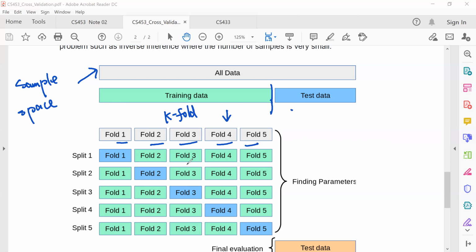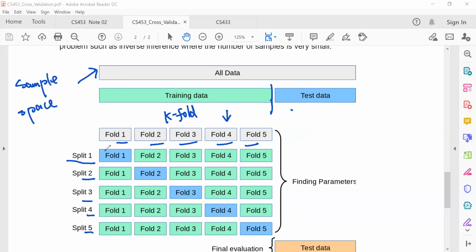Over here we have 5 folds, and then in the next one we see we are going to have 5 splits.